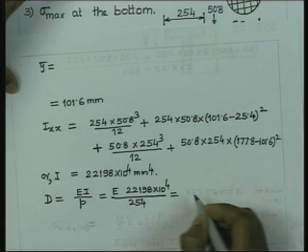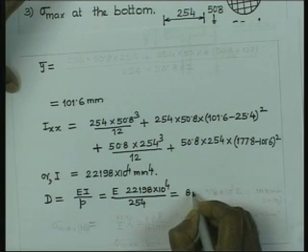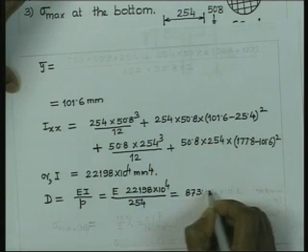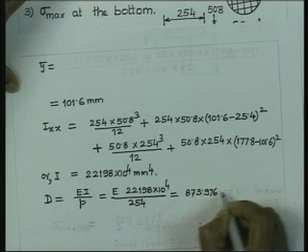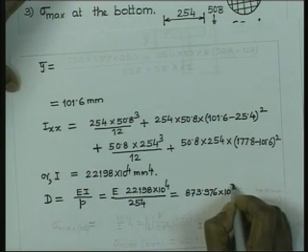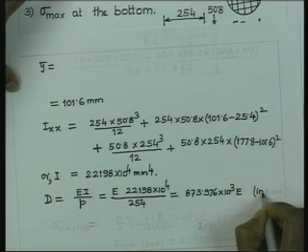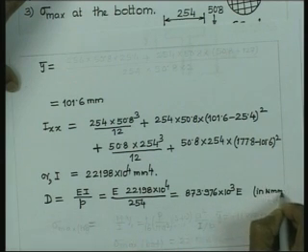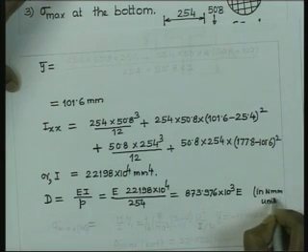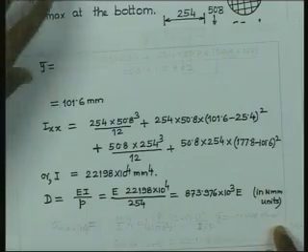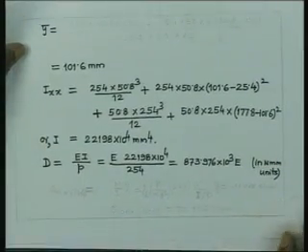This gives us 873.976 into 10 to the power of 3 E, in Newton millimeter units. We have to keep everything in Newton millimeter. So, that is the value of D.